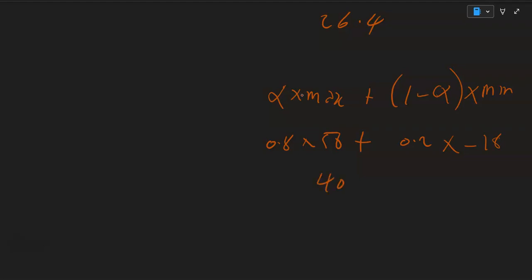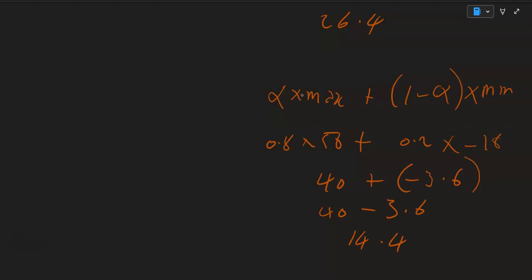What about plus 0.2 of negative 18? That would be negative 3.6. So then what do we have?